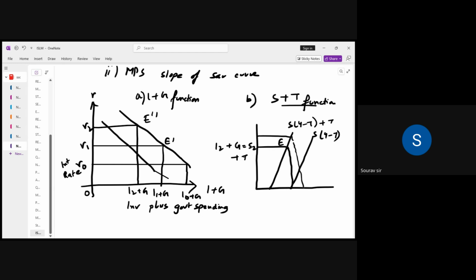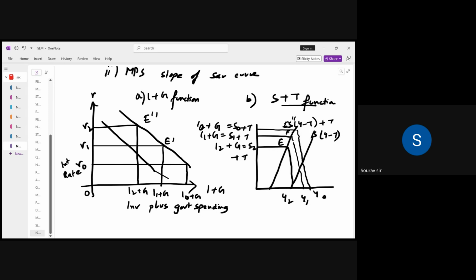Next, again, we will be drawing one line. Here it will be Y2, it will be Y1. So accordingly, it will be I1 plus G equals S1 plus T. Y0, so it will be correspondingly I0 plus G, that is S0 plus T. So here the equilibrium shifts to this, and here we have equilibrium for this.